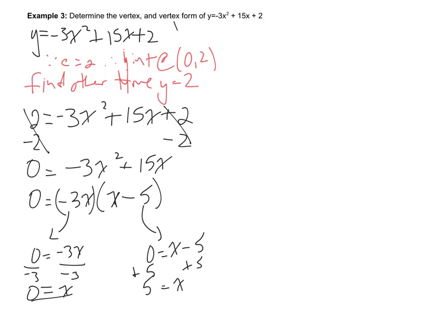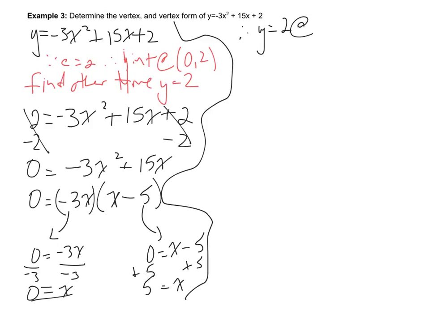Whew, we did it. So now we can take this information and find our axis of symmetry. Therefore, y equals 2 at (0, 2) and (5, 2), which is great.